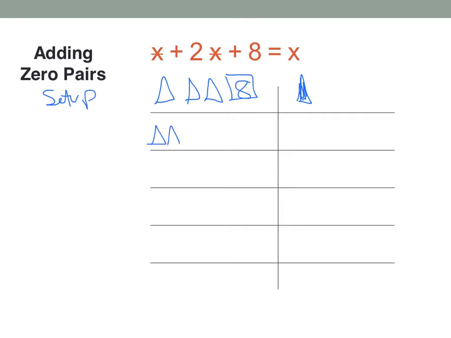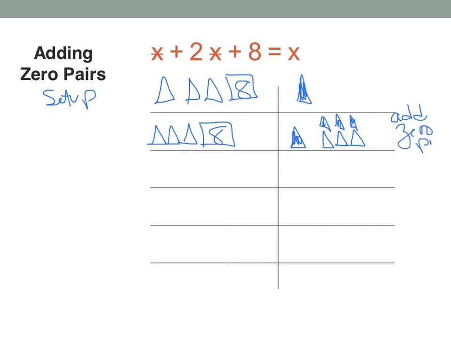This side comes along for the ride, and the blue pawn. Now on this side we're going to add 3 zero pairs, which is legal move number 5. And when we do that, then we are allowed to take away from both sides.